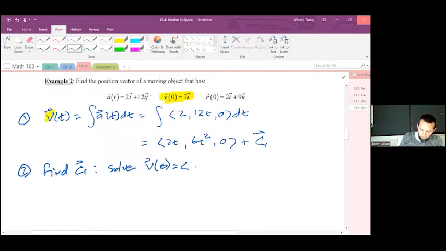That will be 0, 0, 0 plus c, and that must be equal to 7, 0, 0. So here's the v of 0 that we were given. And so it should be pretty clear that c must be 7, 0, 0.